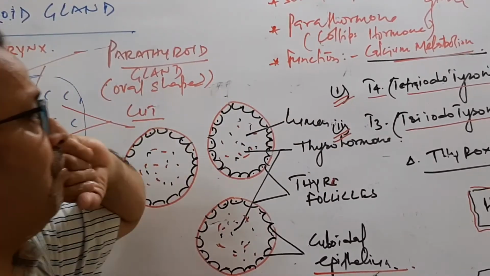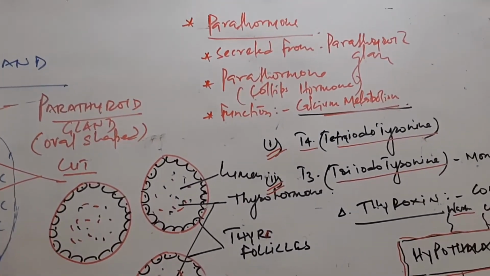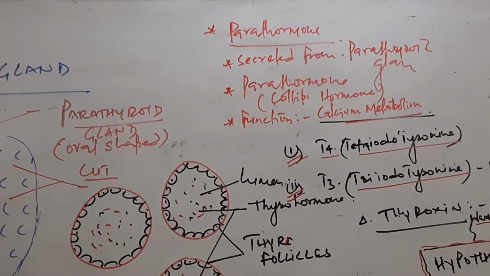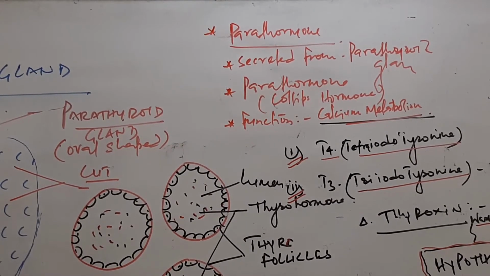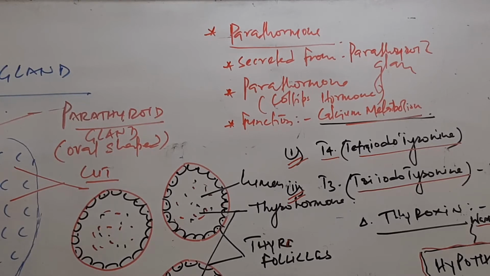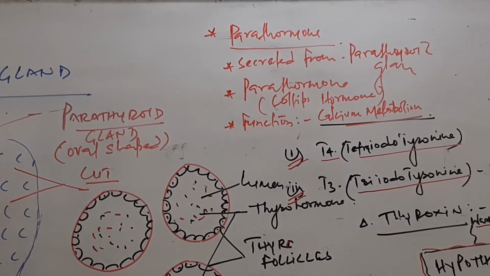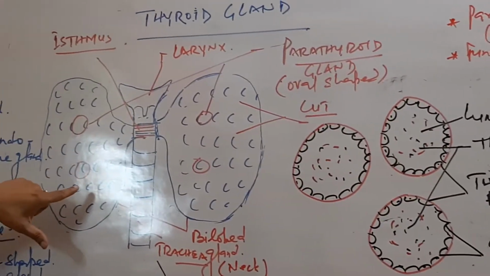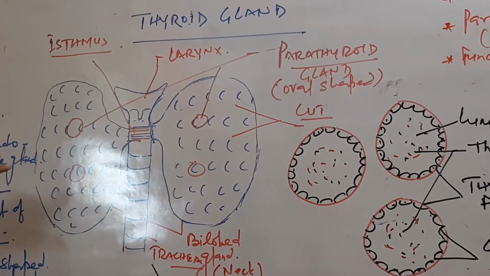It is secreted from the parathyroid gland. The parathyroid gland is a small oval-shaped gland present just behind the thyroid gland, on its dorsal side.